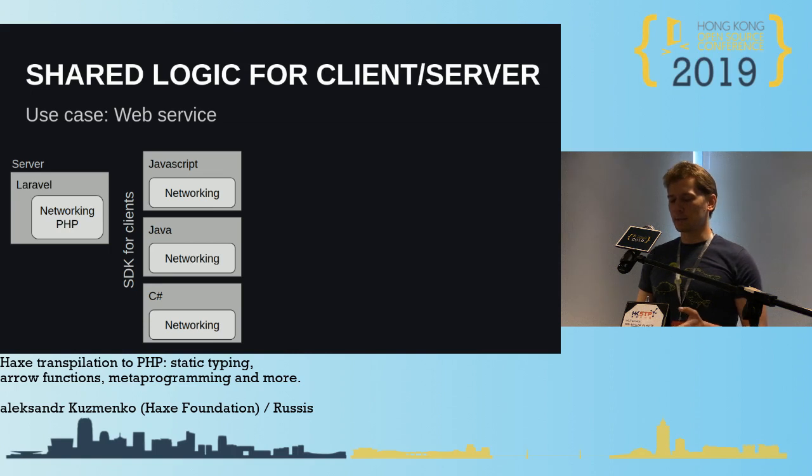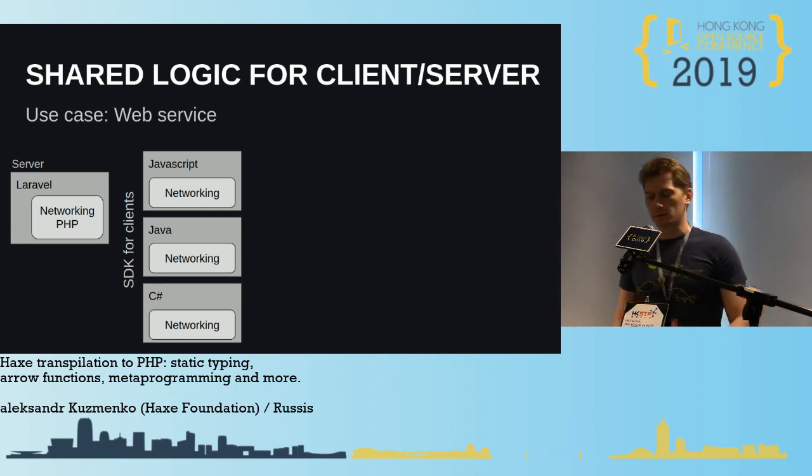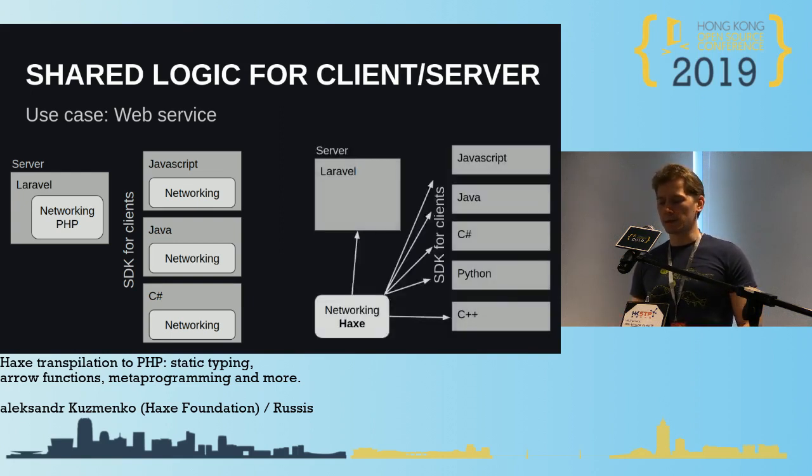Just like in that example, I extracted the networking layer to showcase this. In this example, you have to develop networking 4 times, each time in a different language for different targets. But with Haxe, you can actually develop that networking layer one single time and then transpile it to different targets.